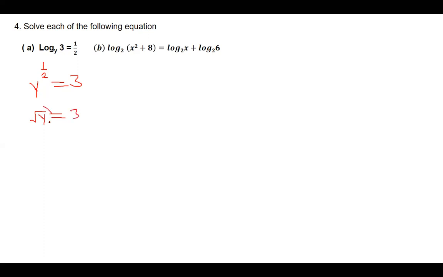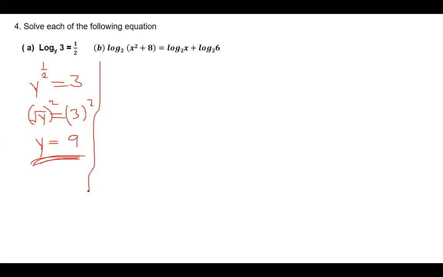To get rid of this root, we introduce the square. We square both sides. So y is equal to 9. 3 raised to power 2 is equal to 9. So this is the answer for the first part.